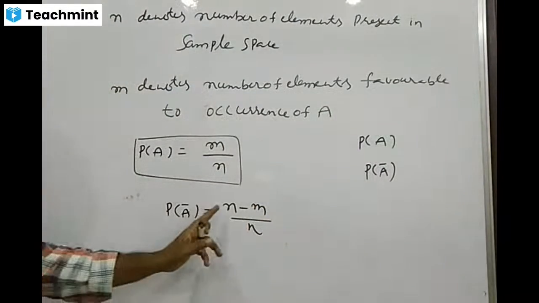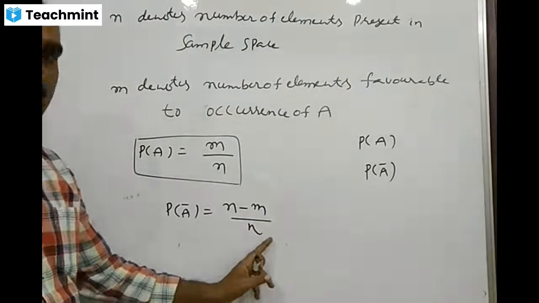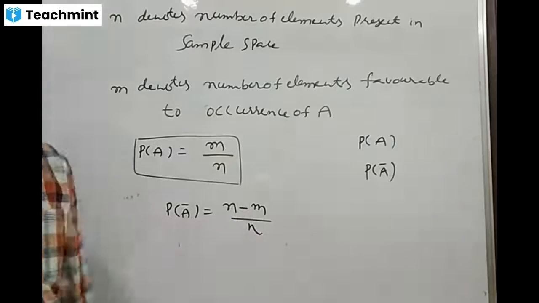Friends, total possible outcomes minus favorable outcomes by total possible outcomes. So P of A bar is equal to N minus M by N.